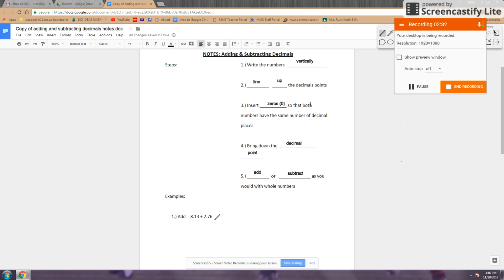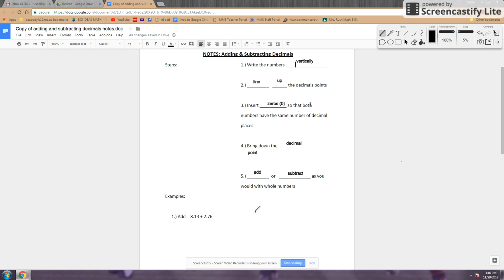Step 1 told me we need to write the numbers vertically, straight up and down. So let's try that here. 8.13 plus 2.76.